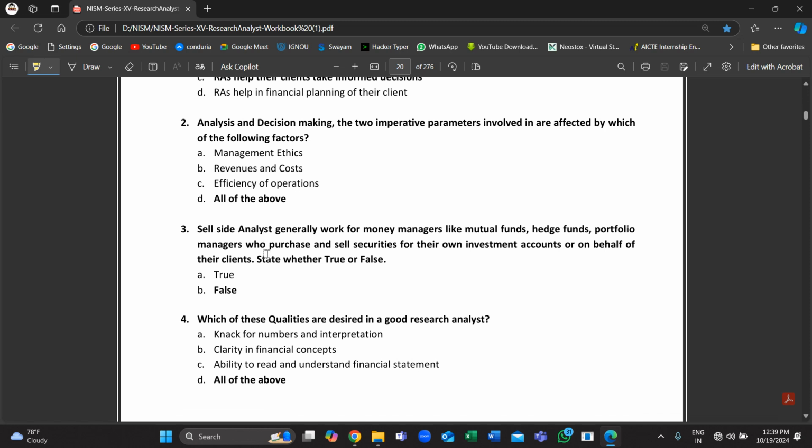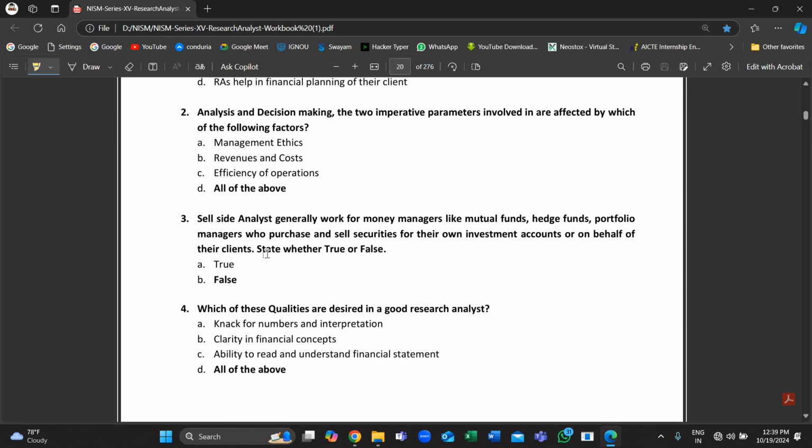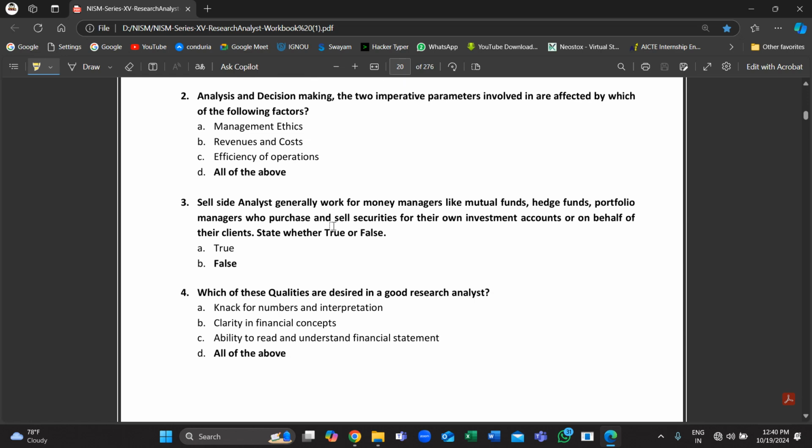Sell side analysts generally work for money managers like mutual funds, hedge funds, portfolio managers who purchase and sell securities for their own investment accounts or on behalf of their clients. True or false? False. I told you, sell side analysts publish reports in the public domain, so they don't do personalized research for their clients.